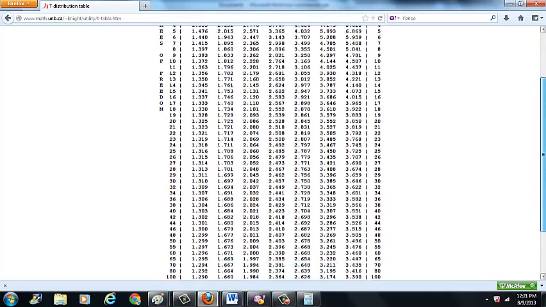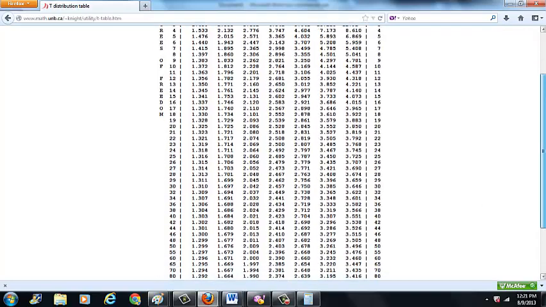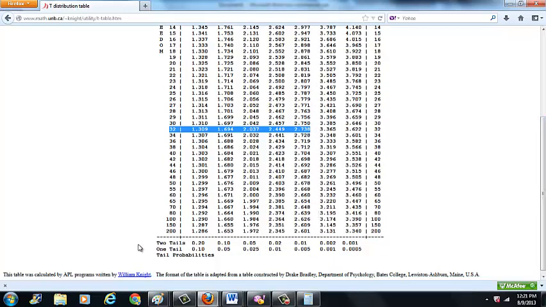But for this assignment, I'll just have you round, either round up or round down to the closest one. If you end up with a number like 34 degrees of freedom or 32, you can just use that row for 32. But we have 99, so we need to round to 100.